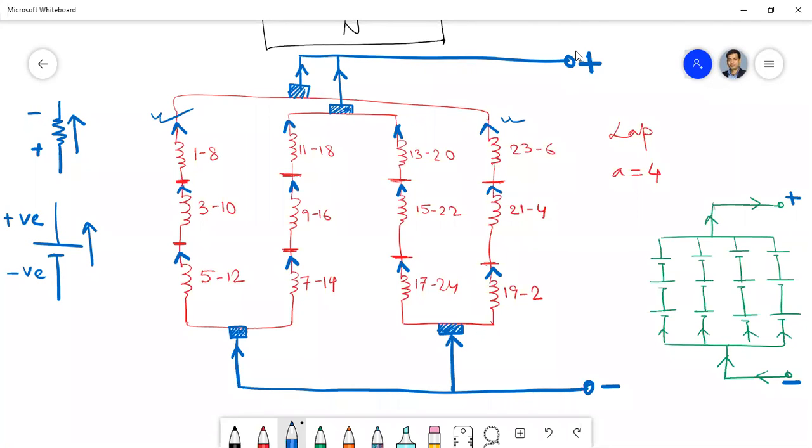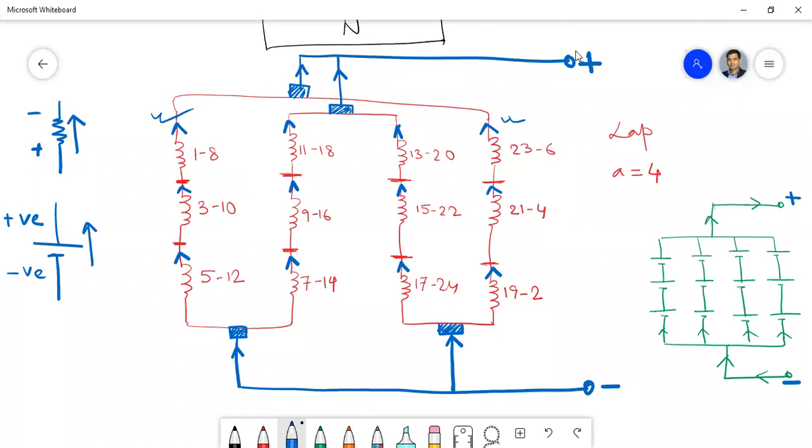Actually, sir, I had taken it to be load. I had taken it to be a motor rather than generator. No, no, that was not the problem. For motor also, whatever voltage is generated will be generated in the motor also.